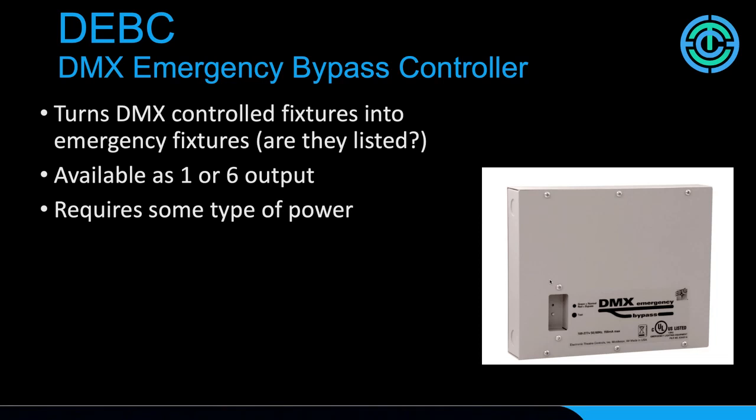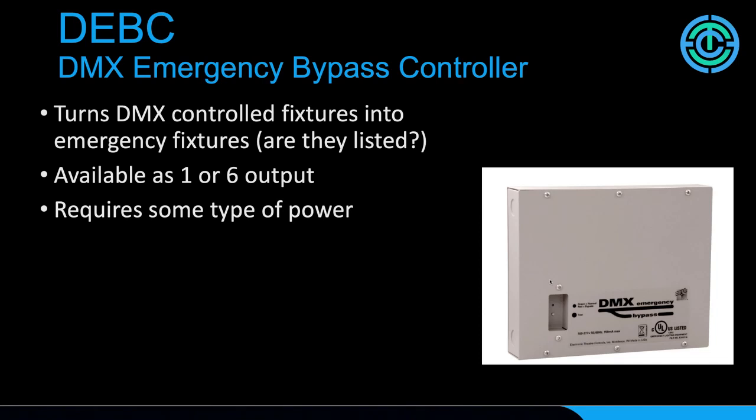This box is again a UL 924 listed box, and for simplicity's sake, it takes DMX incoming raw 5-pin RS485 DMX signal and has an internal transfer system. It needs to be powered by emergency power so that it is always maintained.